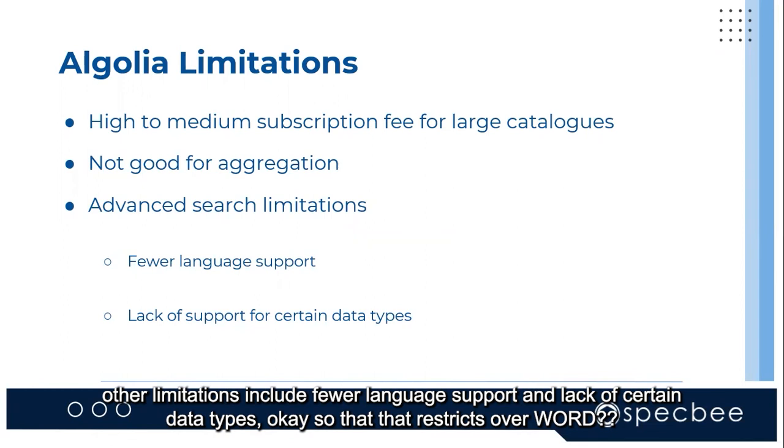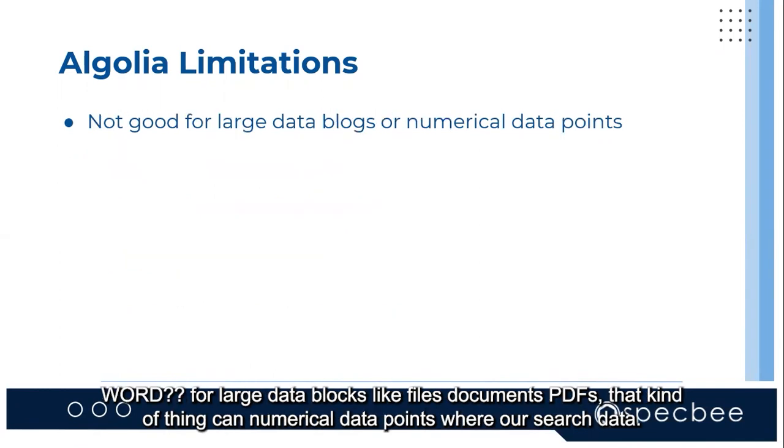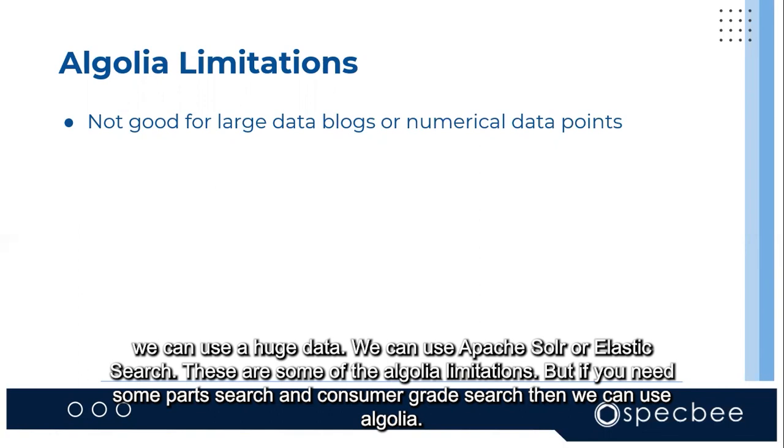These are some restrictions of Algolia. Also it is not good for large data blocks like files, documents, PDFs, and numerical data points where there is very large data. In that case we can use Apache Solr or Elasticsearch. These are some of the Algolia limitations.